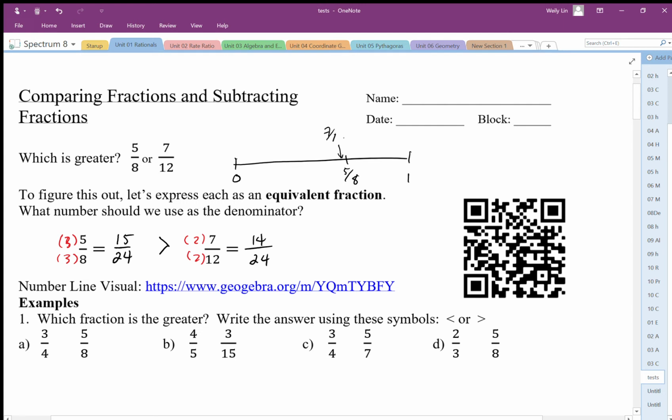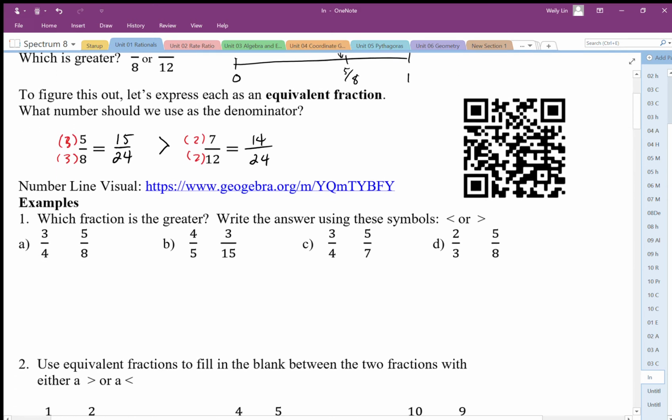It's really hard to tell visually, but once we have the decimals, we can compare the number values. So we're comparing the numbers, and we can do it very easily with a common denominator.